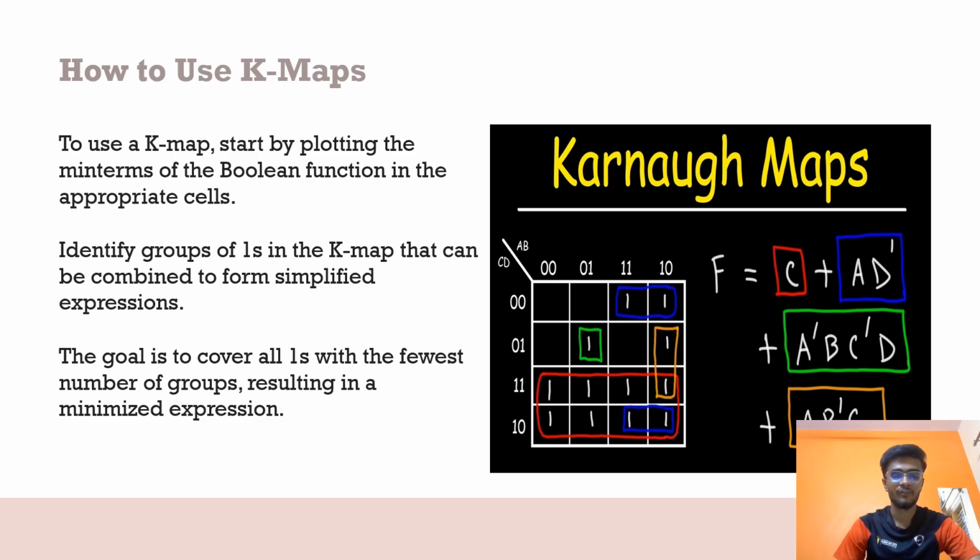So we need to identify and group them. The goal is to cover all the 1s with the fewest number of groups, resulting in a minimized expression, like we have in the picture over here.